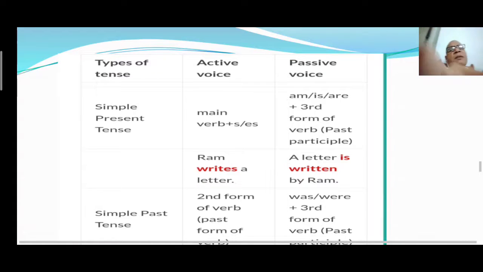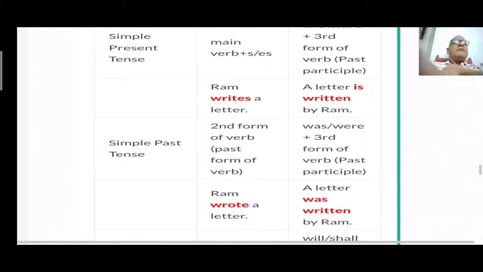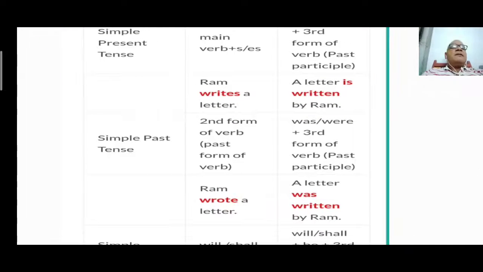Then in a similar way, how can we translate simple past tense into passive voice? The simple past tense pattern is subject plus verb 2, meaning past verb. For example, come, came, go, went, talk, talked, walk, walked, speak, spoke.